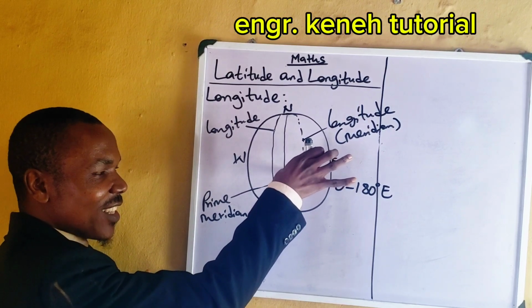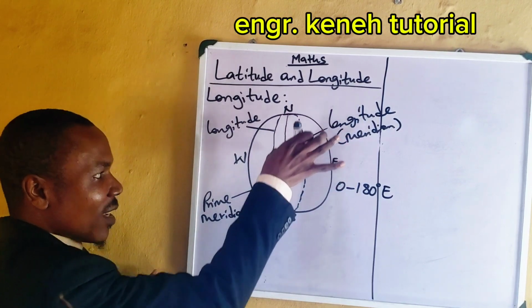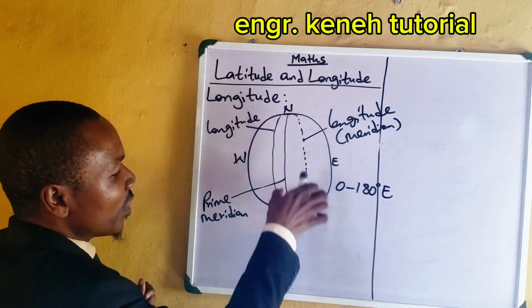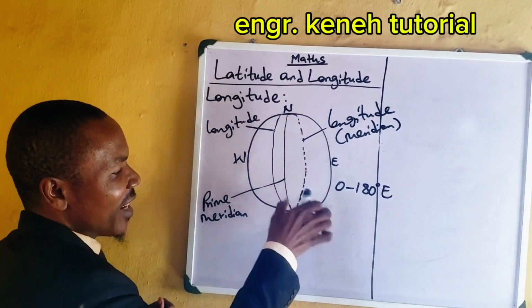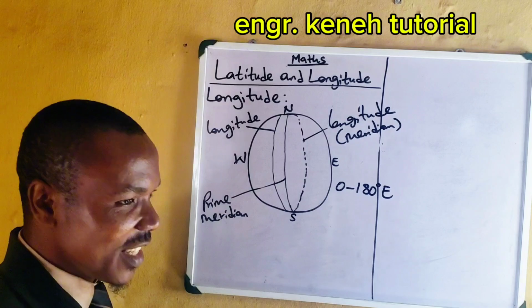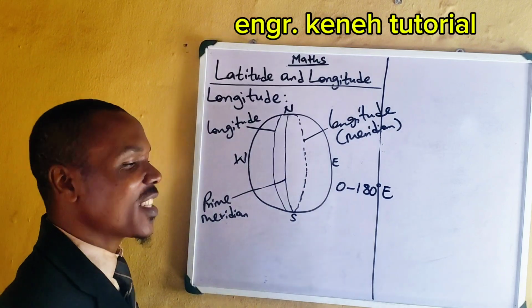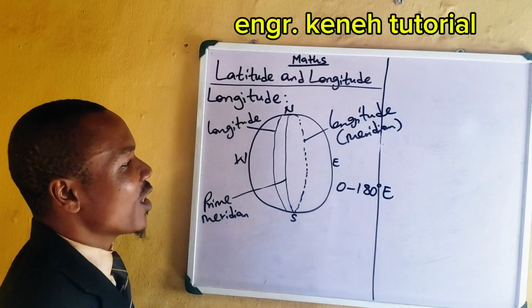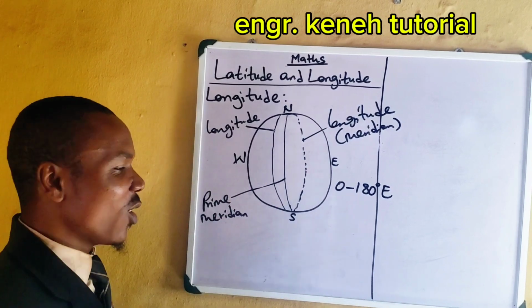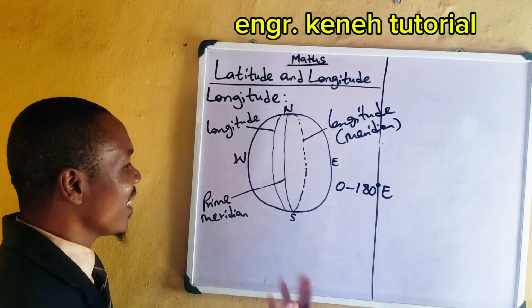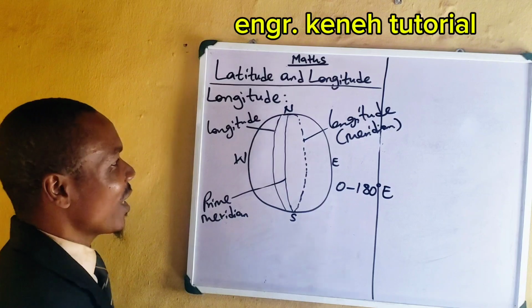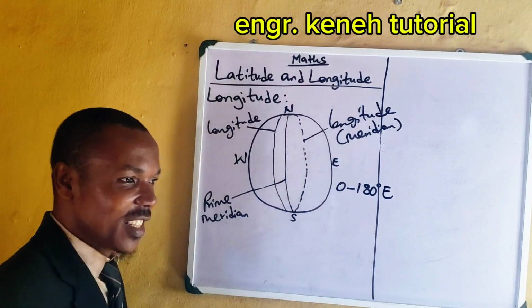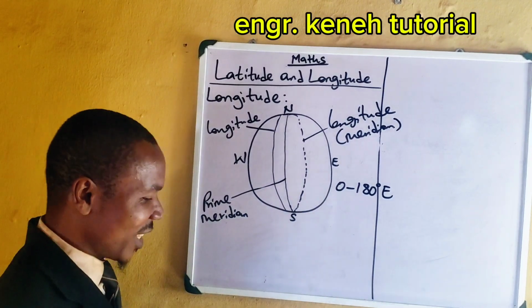Any longitude that passes through this prime meridian should be regarded as what? Being 0. Is it clear? That is 0 distance from where? 0 distance from the prime meridian, or 0 degree from where? The prime meridian. In fact, anyone that passes through this prime meridian is regarded as what? Being 0. Is it clear?